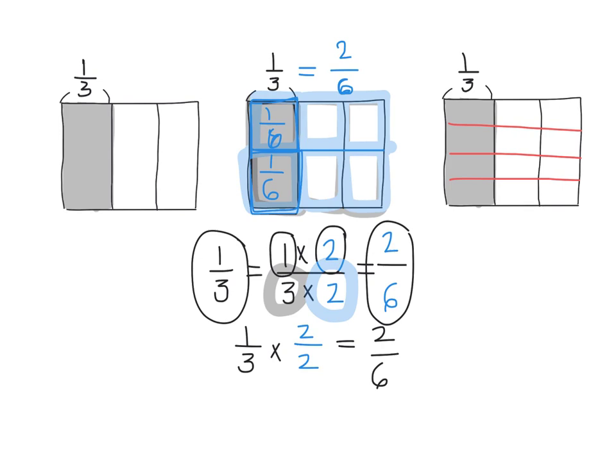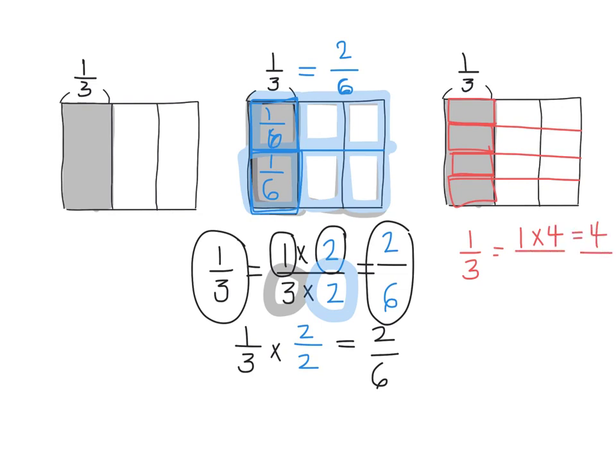We can see in this rightmost example that 1/3 is still shaded in. I didn't change the amount that was shaded in. The one part that was shaded in has been multiplied into how many units? Everyone? 4. So 1 times 4 equals 4.